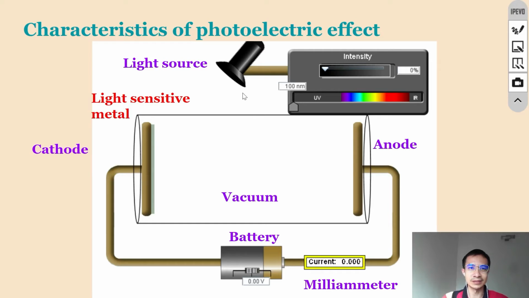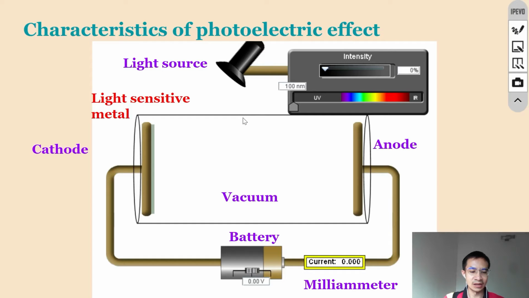Next, we're going to study photoelectric effect. The characteristic of photoelectric effect can be studied by arranging a photocell in the circuit as shown. The photoelectric cell, also known as phototube, is an electron tube in which the electrons initiate an electric current originated by photoelectric emission.